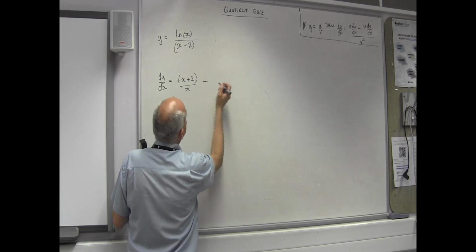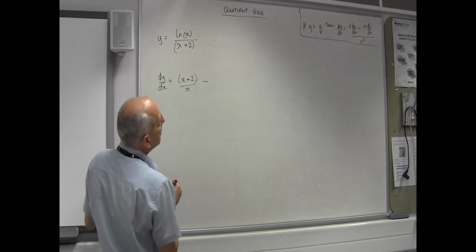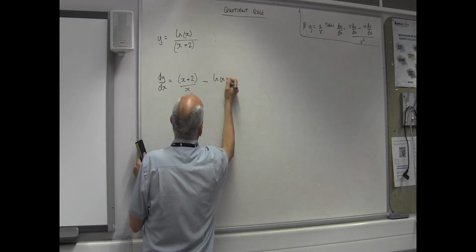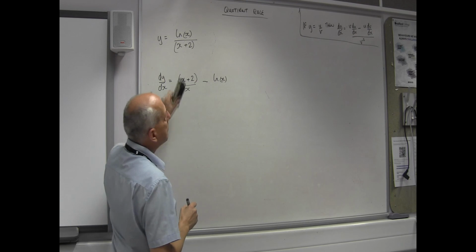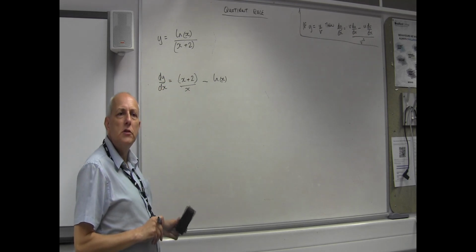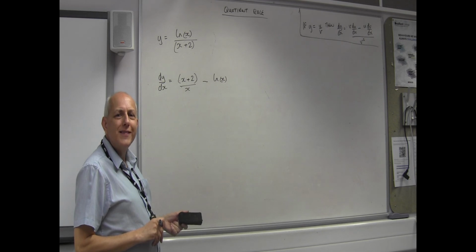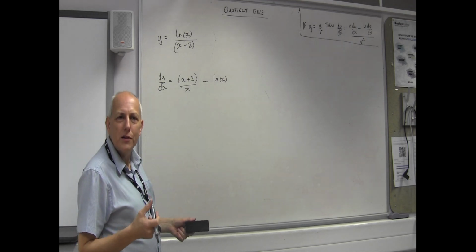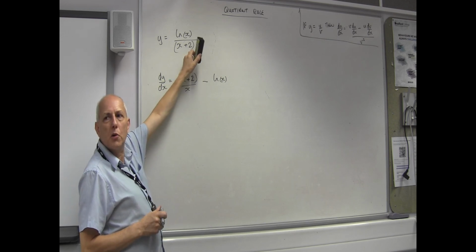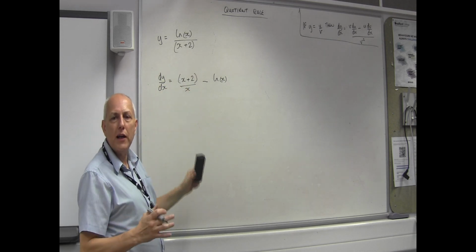Minus, so u as it comes, the top, and then it's times the derivative of the bottom. So what's the derivative of x plus 2? Because the 2 is a constant, we're going to apply the sum rule to that bit in the bracket now.